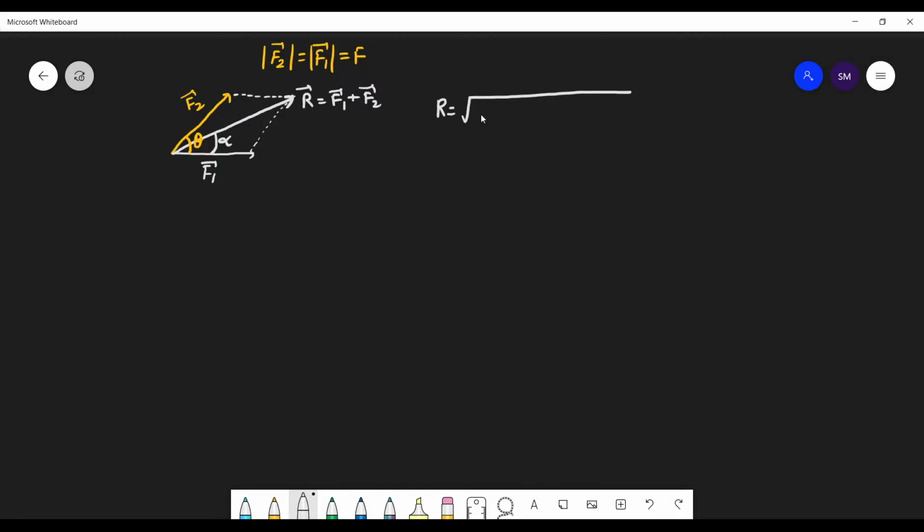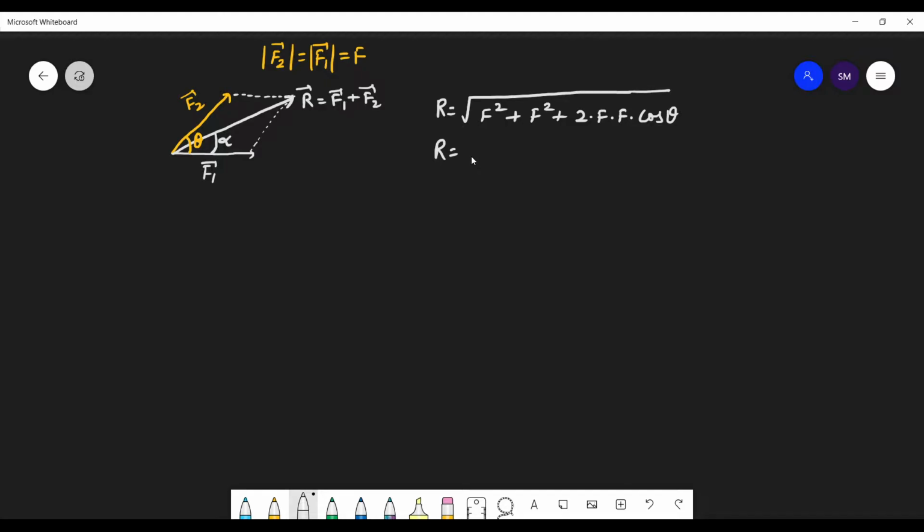Magnitude is given by the square root of the square of the magnitude of F1, that is F, plus the square of the magnitude of F2, that is also F, plus 2 into magnitude of F1 into magnitude of F2 into cosine of angle between them, right? So that's what R is, the magnitude of the resultant.